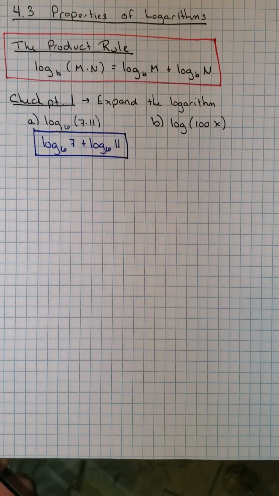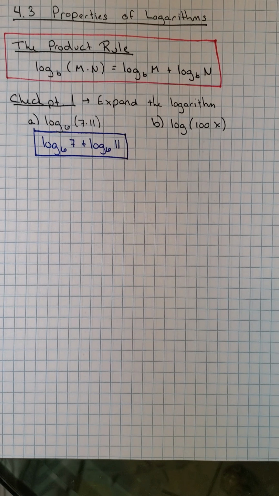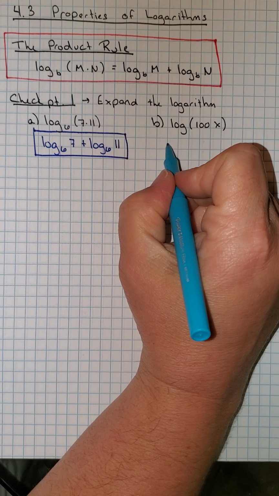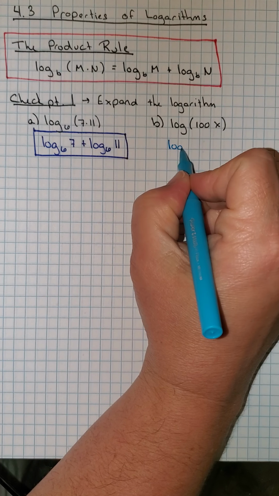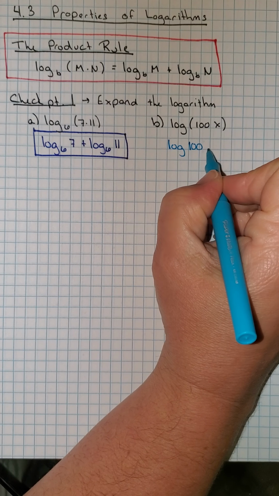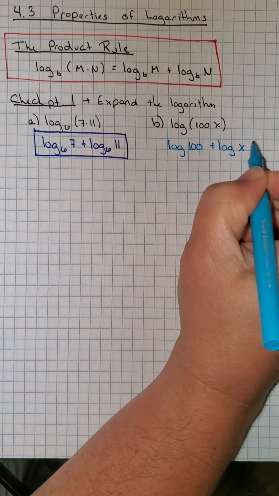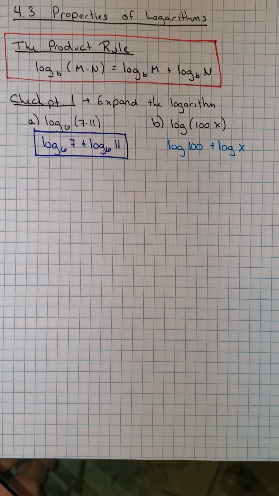Now part B, we're going to do the same thing. So we have a log with 2 things being multiplied. So we're going to split it. I don't think this one's quite as obvious as part A. So you have the log of 100 plus the log of x. And then if you can evaluate it, you need to.